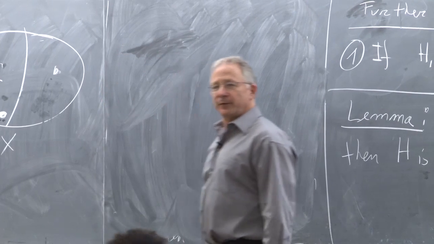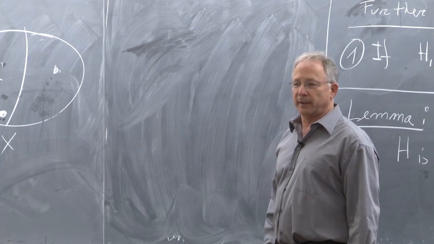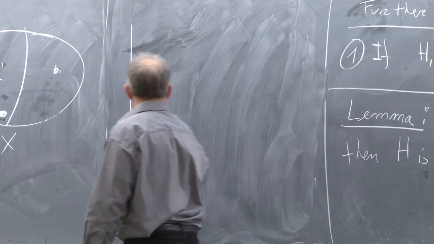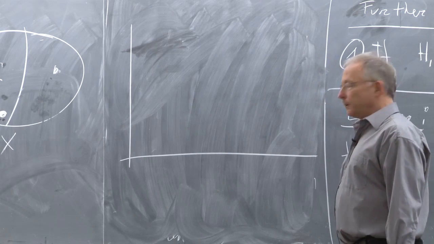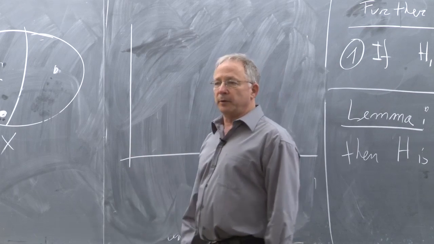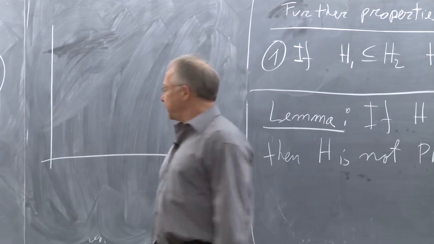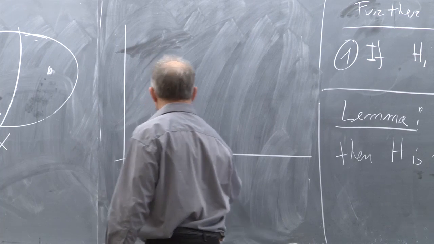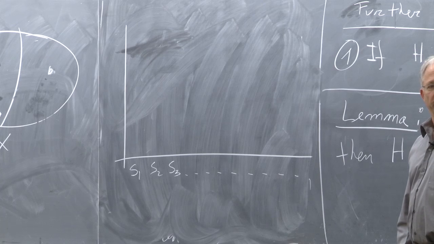So let me give a graphical explanation of what the proof does. We can draw a table. In this table, what I'll have here are all possible samples of size m over 2. So here I'll have S1, S2, S3, all possible samples of size m over 2.